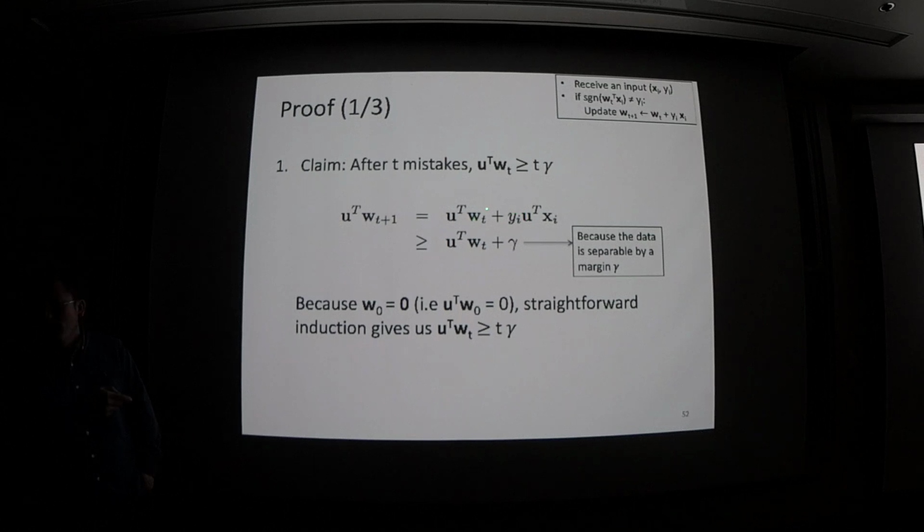Here the w0 part is 0, and you only have yi u transpose xi, which is no less than gamma. So you can immediately get that u transpose w1 is no less than 1 gamma. Then we show that the inequality for the initial stage is also correct, and so you can induct to as many steps as you want, even infinitely many.